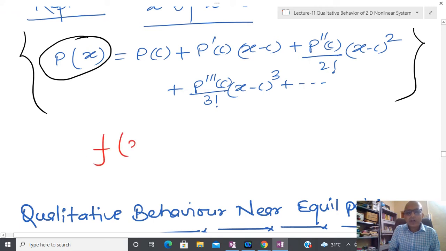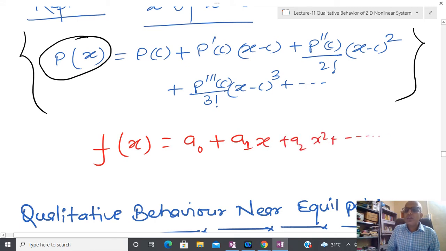Suppose I have some kind of f(x), and I am saying that f(x) in the vicinity of some point c I am going to represent like a0, and without loss of generality I am taking c equal to 0, because the equilibrium point is 0, I am assuming for the time being. So you can see here that I can represent it like a0 plus a1 x, a2 x square, and so on up to infinity.